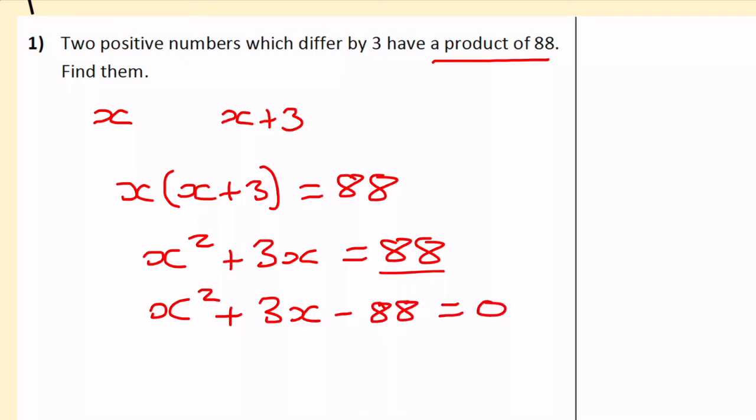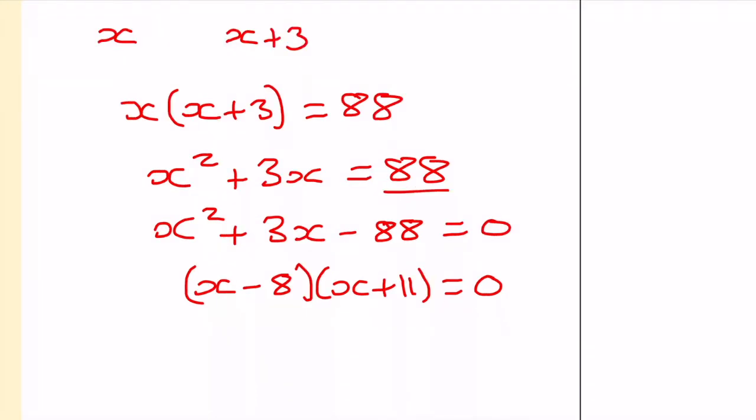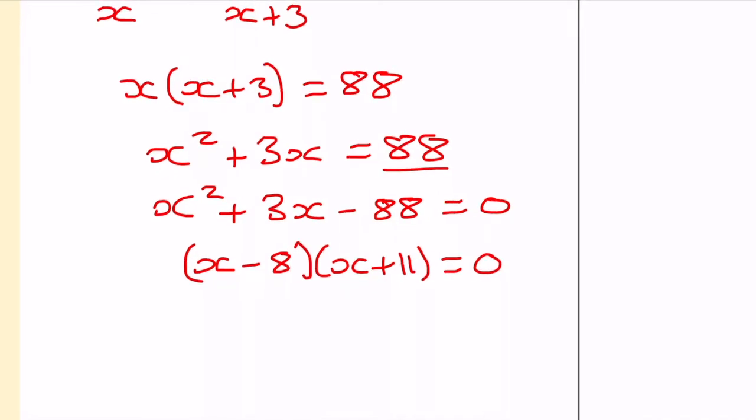So two numbers that multiply to give minus 88 and add to make 3. That is going to be minus 8 and plus 11. So our solution there is x equals 8 or minus 11.